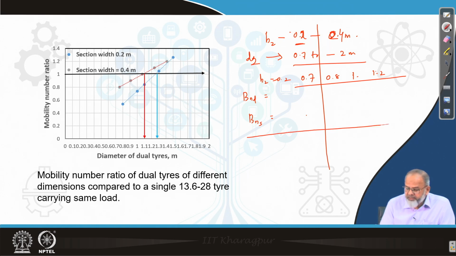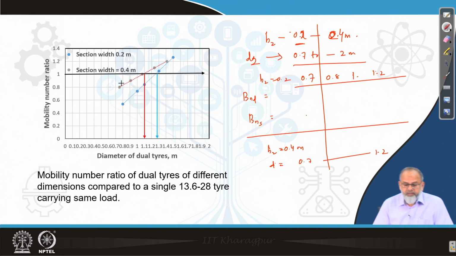Similar exercise I carried out for B2 equal to 0.4 meter. And then I varied the diameter from 0.7 to 1.2, and then I got this line. So if duals are to be equal to single tires, then the ratio is 1. So that is the minimum thing. So I draw a horizontal line here.